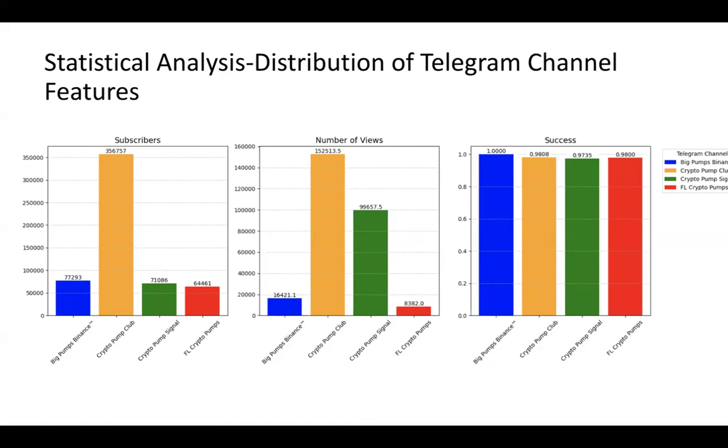This could be due to their strong organization and the trust they have built, leading to more active participation and better returns. This success likely encourages participants to stay and recommend these channels to other investors. Interestingly, despite having the lowest success rate, CryptoPump signal participants don't seem concerned, as failures usually just result in postponement rather than losses.